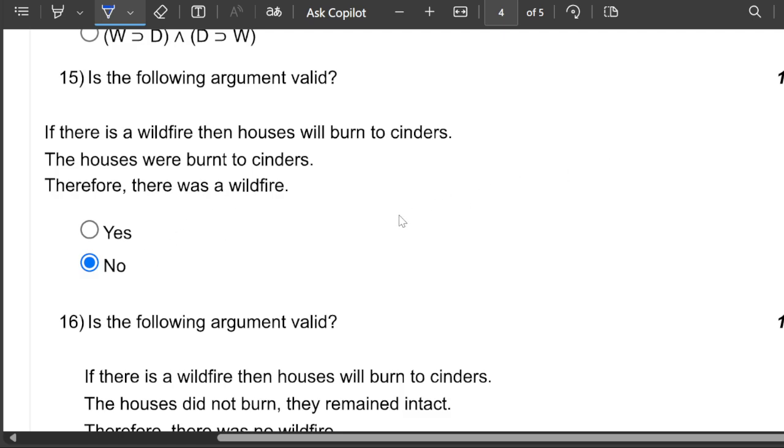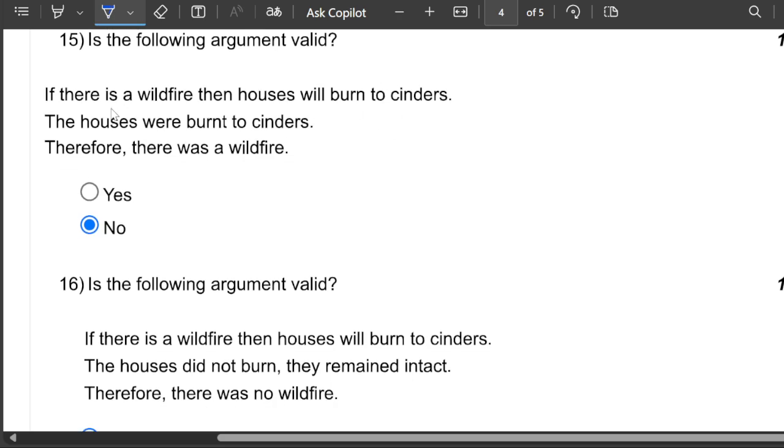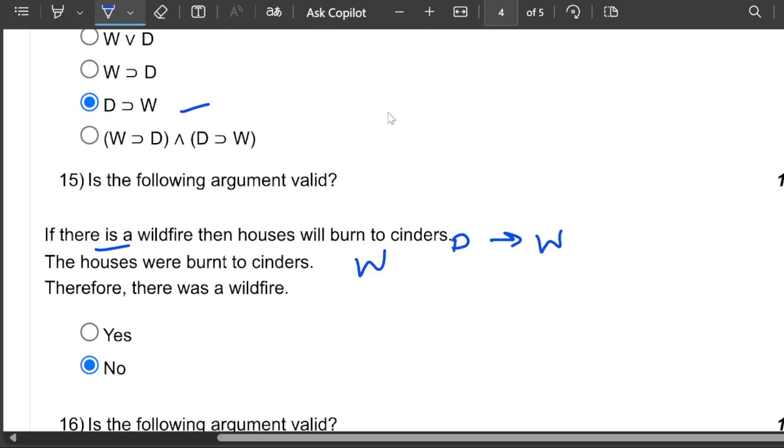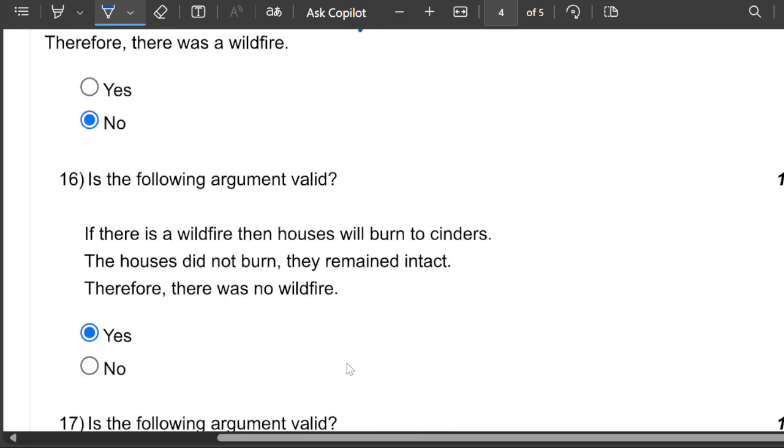So this is modus ponens, D implies... it cannot derive this. So it is not valid.